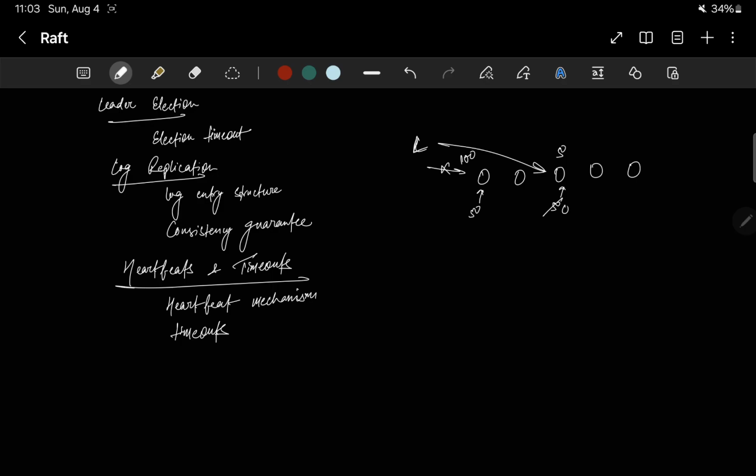So this one reset its timer to 0. Now it also has to go 50 seconds. It is possible that both of them did not receive it next time and both of them start the leader election process simultaneously, right? So these are the cases which can happen. So that's why randomized timeouts are used.